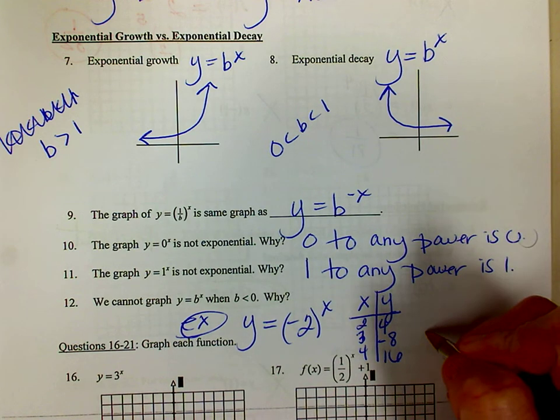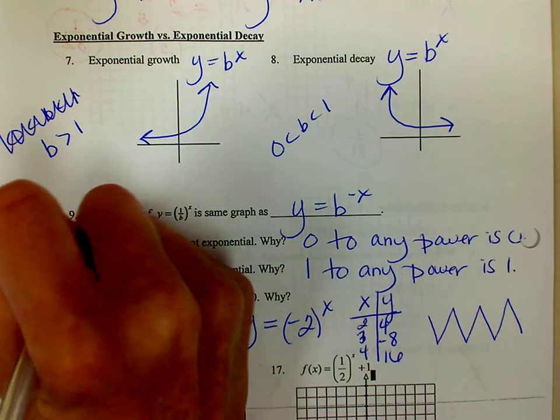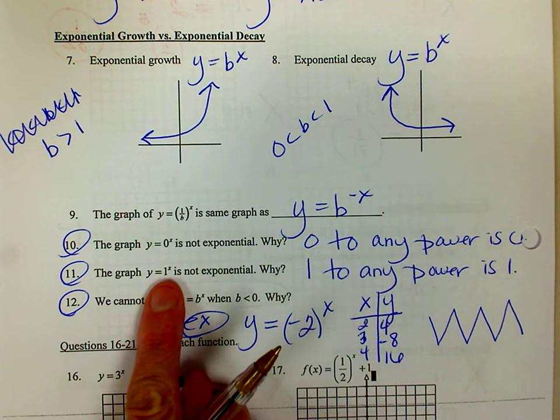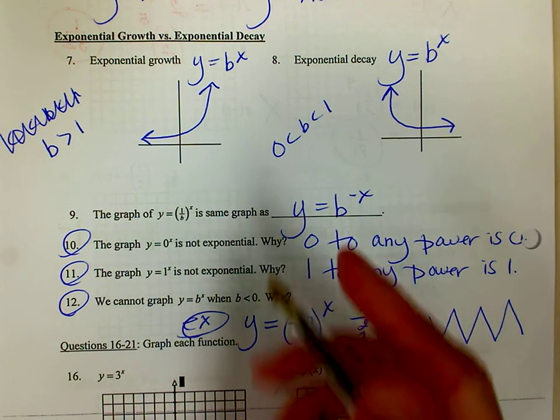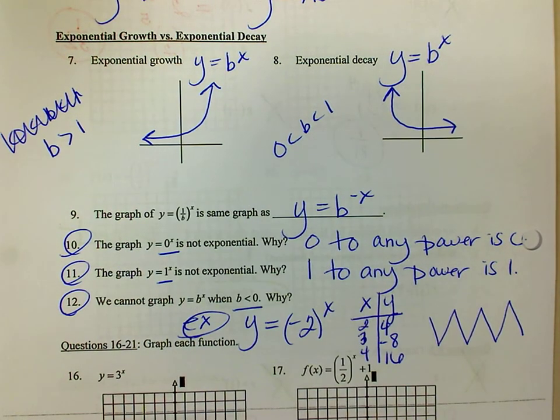So it's going to look something like this. It's going to go positive, then negative, positive, negative, etc. So it's not growth or decay. So I can't have a base that's 0, I can't have a base that's 1, and I can't have a base that is negative because it's not growth or decay.